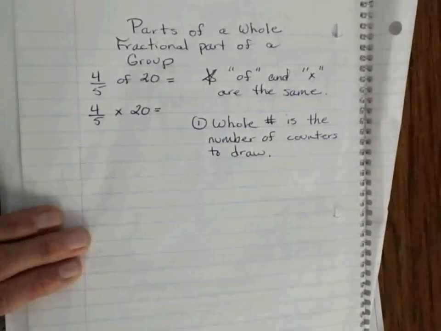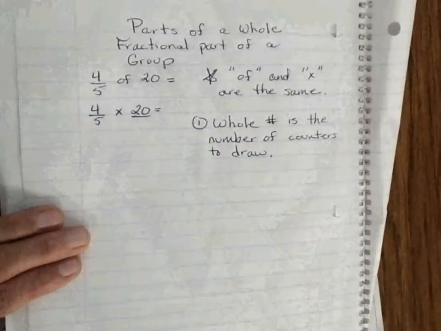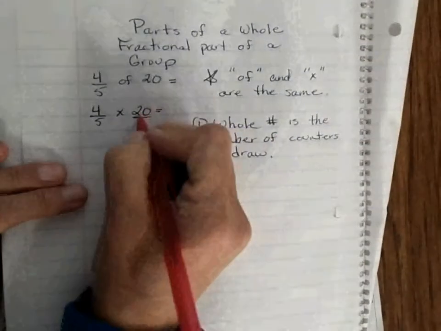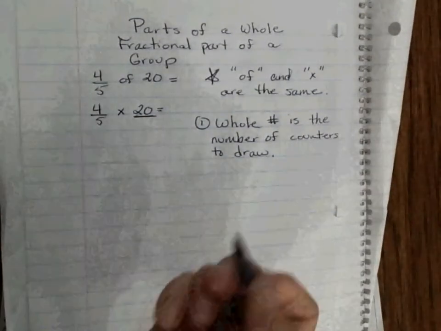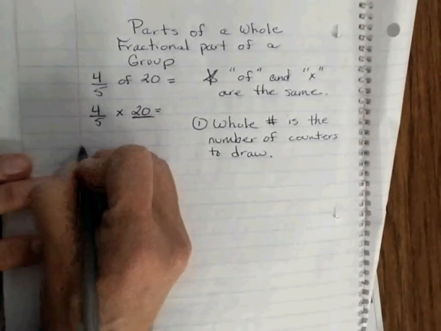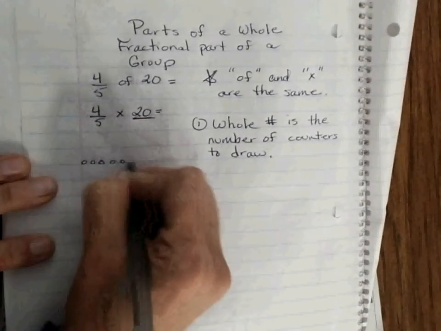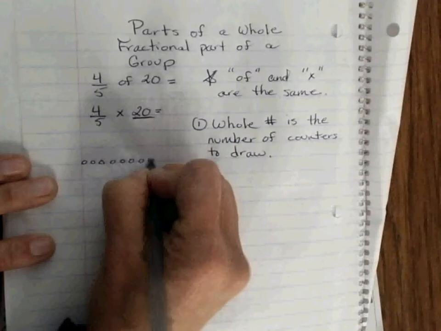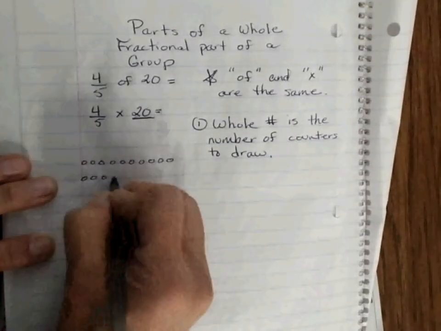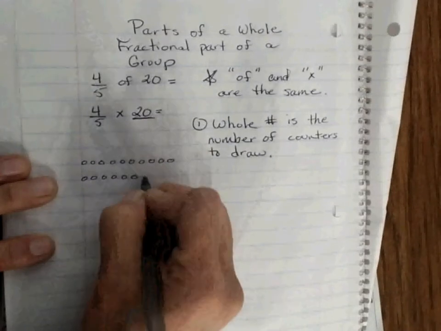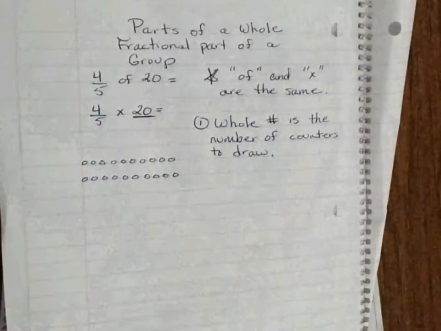Okay, now remember, I told you that there's 20 students, so I'm going to have 20 counters that are going to represent the students in this class. Okay, so we have 1, 2, 3, 4, 5, 6, 7, 8, 9, 10, 11, 12, 13, 14, 15, 16, 17, 18, 19, and 20. Okay, so there's all the kiddos in this class.